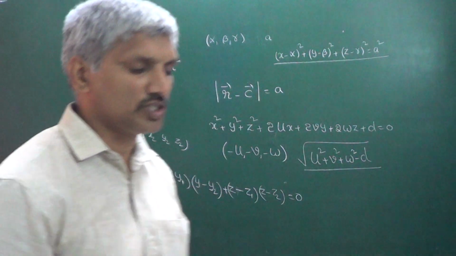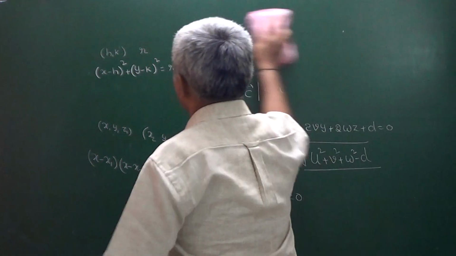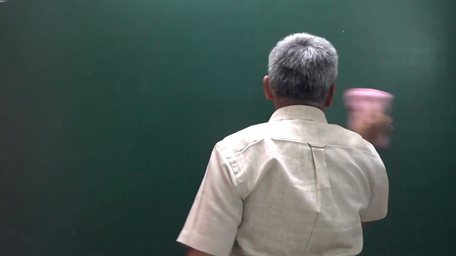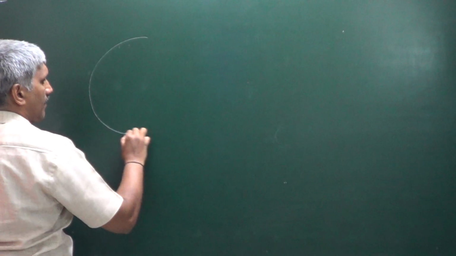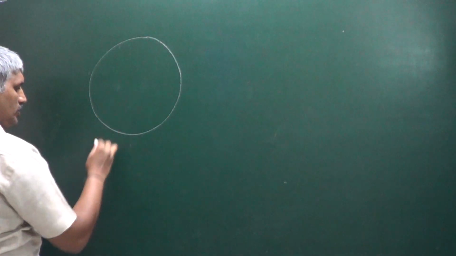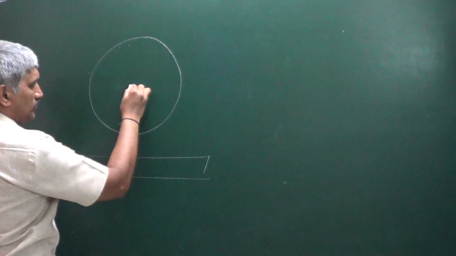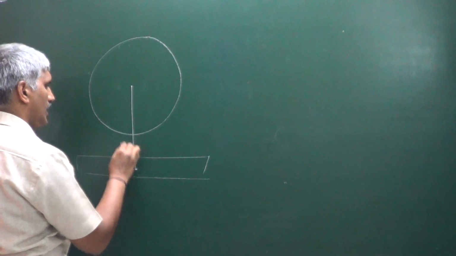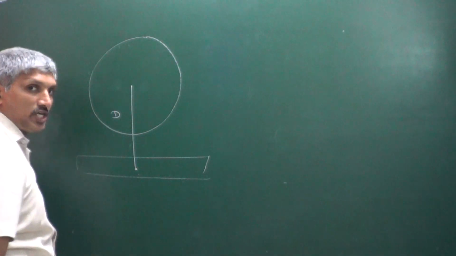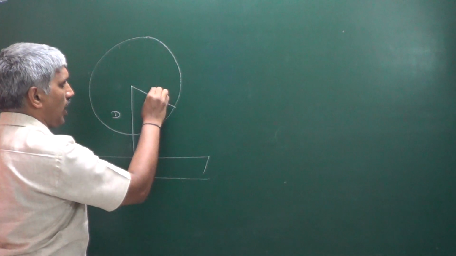Next we are going to discuss the plane and sphere connection. You can observe here this is a sphere and this is a plane. From the center of the sphere onto the plane, let us say the perpendicular distance is equal to d and the radius of the sphere is equal to r.